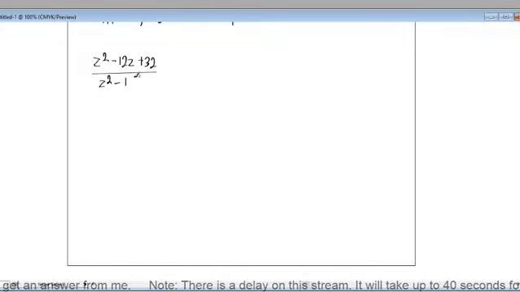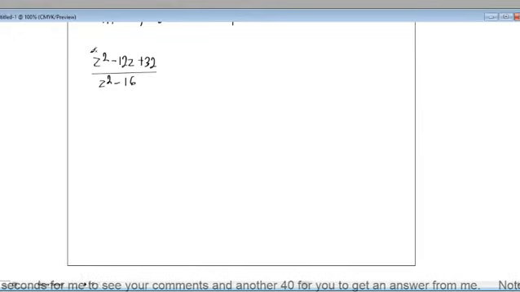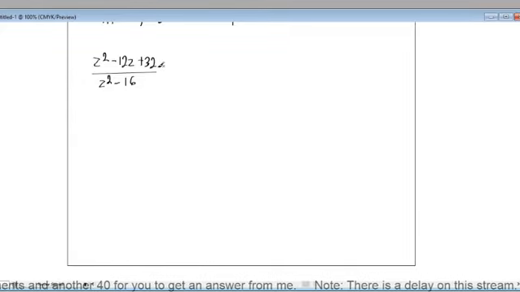Okay, so just like before, we want to simplify this and find any kind of excluded values. So again, like before, we want to factor the top and factor the bottom and see what that comes out to be. Luckily, these are actually pretty simple to factor. I've got a leading coefficient of 1 on this one, so we can actually use our shortcut method with it. We just need to find that AC and then fill in the blanks.